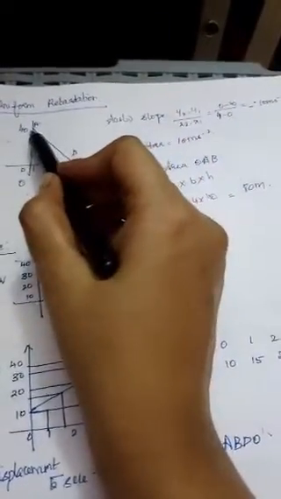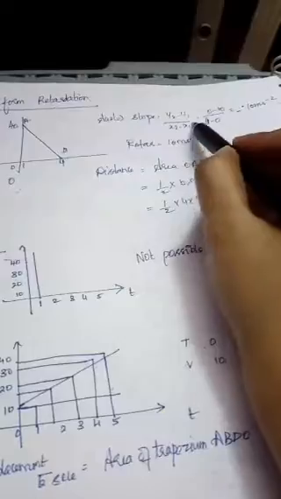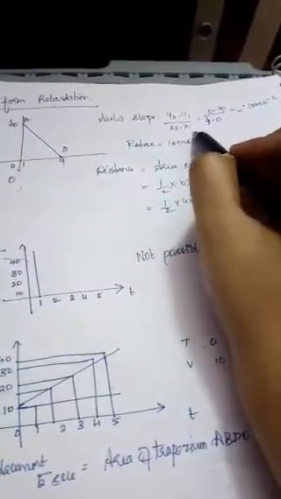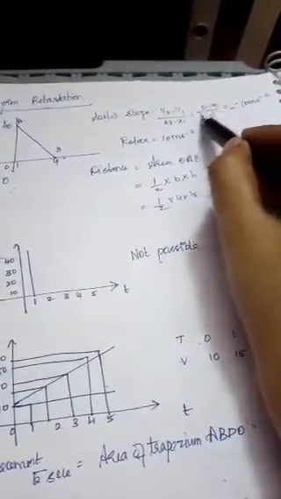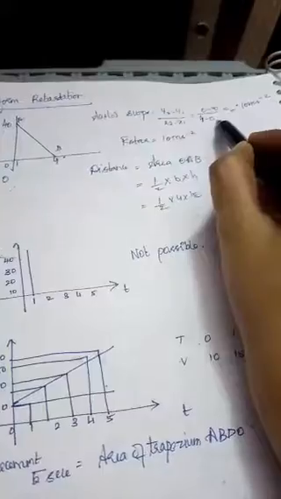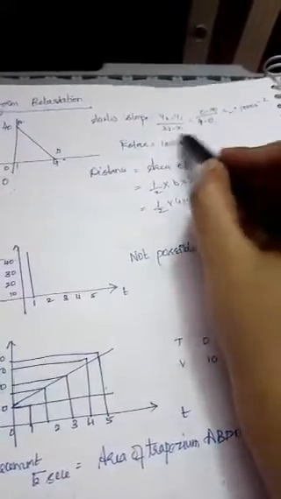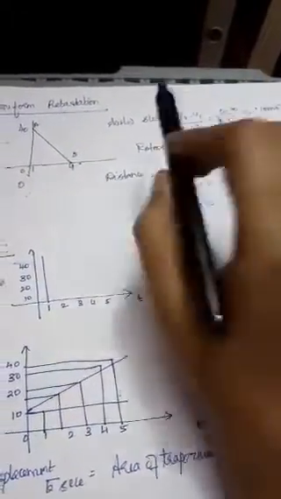Now again, if I want to find acceleration, I have to find the slope of this line. y2 minus y1 divided by x2 minus x1. This is point A and this is point B. So 0 minus 40 by 4 minus 0. So I'll get minus 10. So it shows it is retardation. Is it clear to you all?